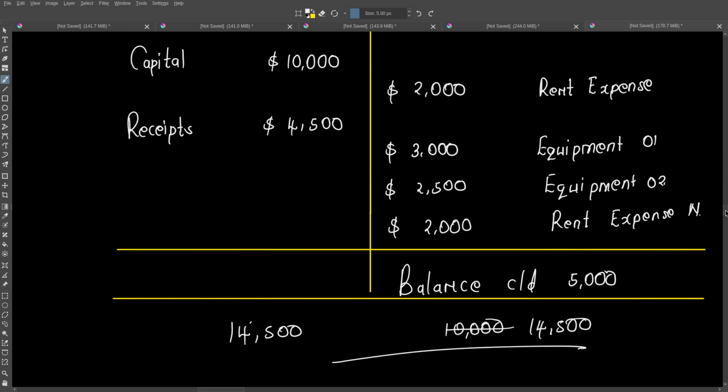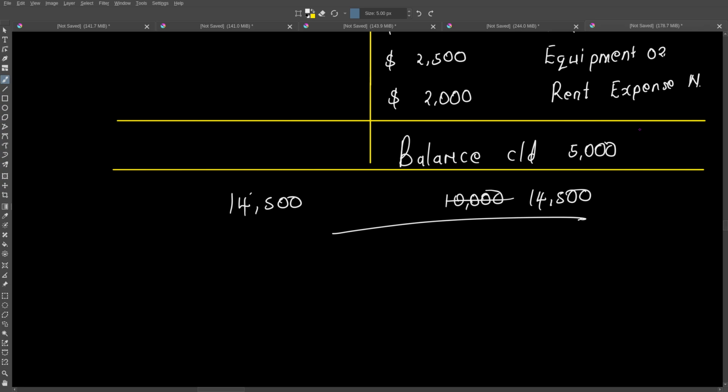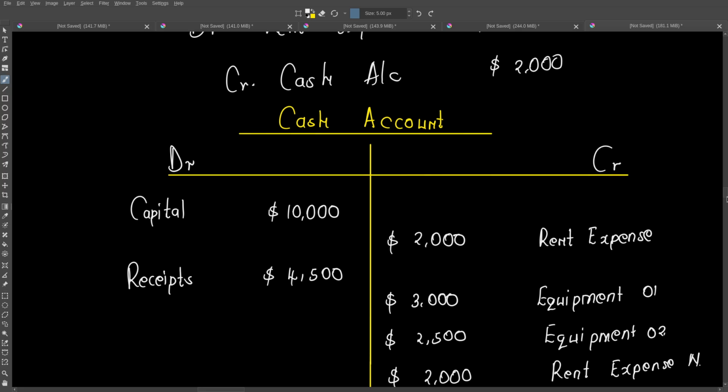But now in the next period, this balance carried down will be the opening balance on the debit side. For example, if in the previous period we had a balance carried down, we could have started this period with it at the top as the opening balance on the debit side.